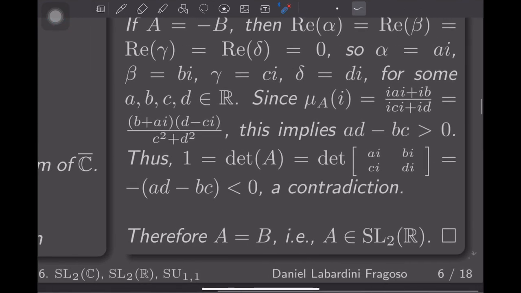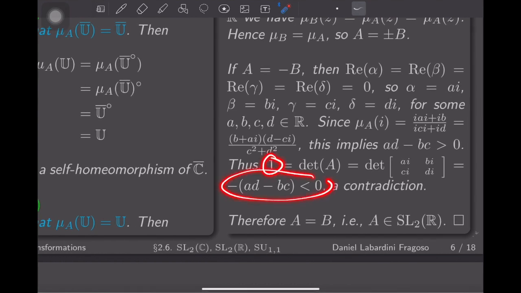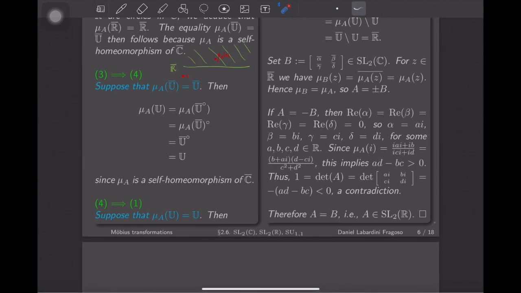So what I get is, i times i is minus, so this i square goes out as a minus, and then I got AD minus CB. And I know this is positive, so this is negative. So 1 is negative. So what must be wrong? This assumption must be wrong. So A must be equal to B, and I'm done.